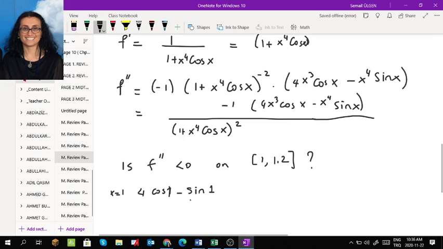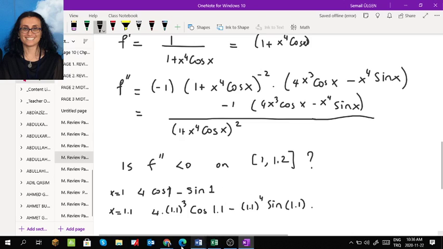I can try on Wolfram Alpha, for example x equal to 1.1: 4 times 1.1 cubed cosine 1.1 minus 1.1 to the 4th sine 1.1. I want to know whether this value is positive or not.